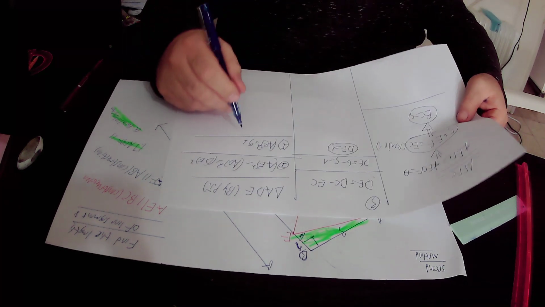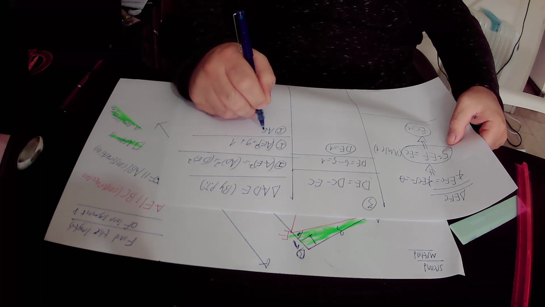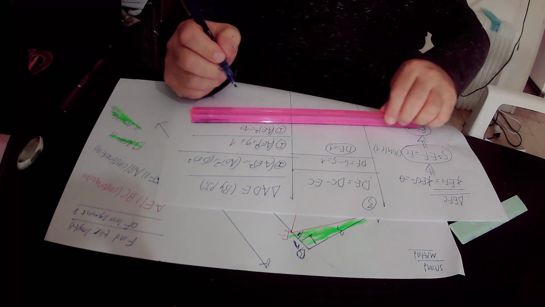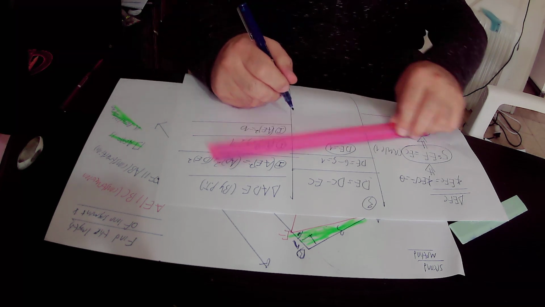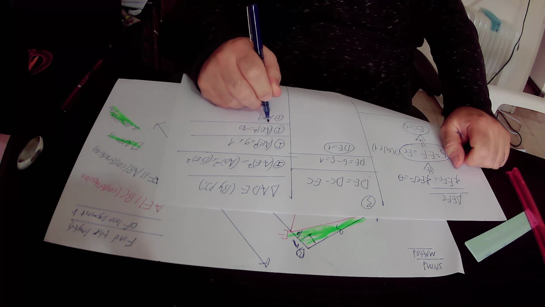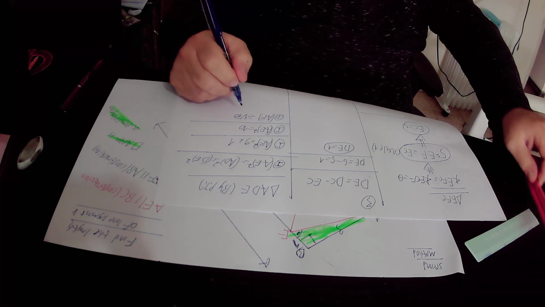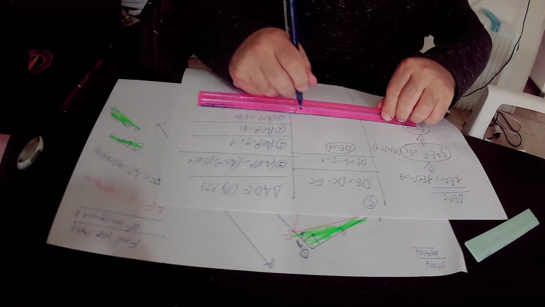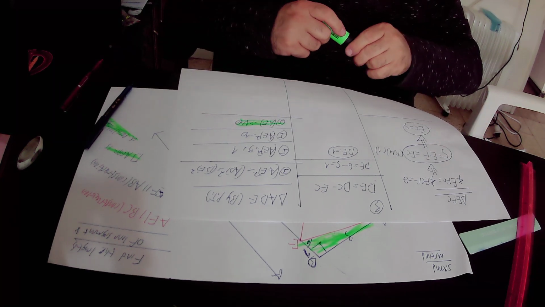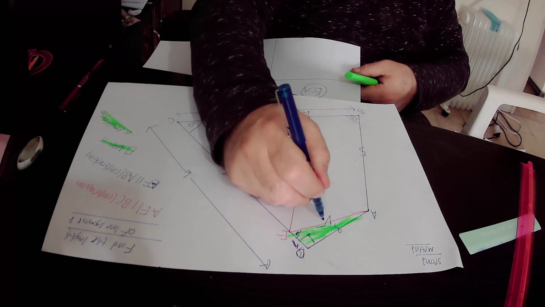So according to equation number 1, AE squared equals 9 plus 1, that is 10. AE equals the square root of 10 units.